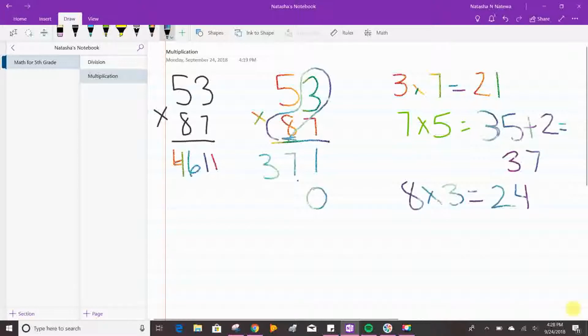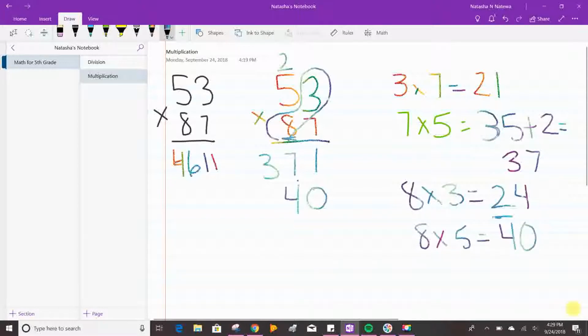The 4 is going to go on the bottom because it's the ones and the ones always go on the bottom. The 2 is going to go on the top because it's a 10, so the 10s always go on the top. Then we're going to multiply 8 times 5. What is 8 times 5? 40.